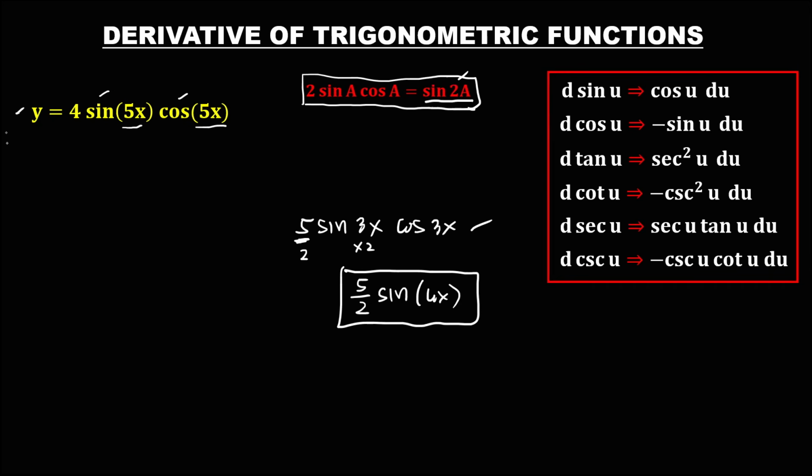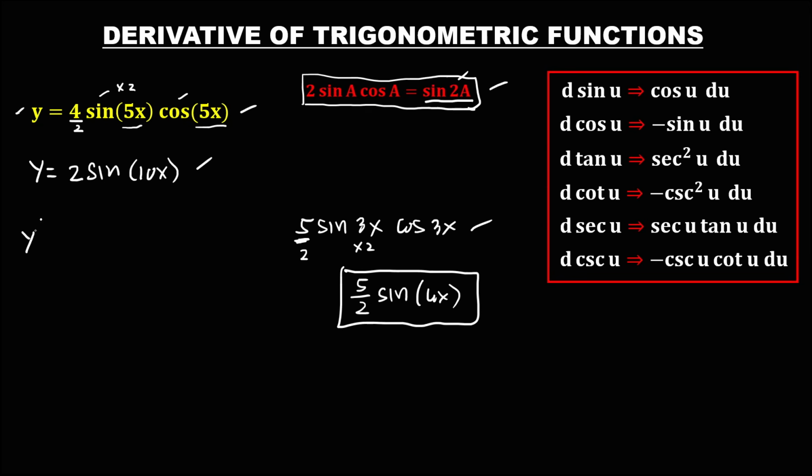So from this, to find the identity using this double angle identity, again, divide this number by 2. So this becomes 2. Then sine, multiply this angle by 2. So this becomes 10x. So this is now the identity for these functions. Then from this, we can evaluate the derivative.